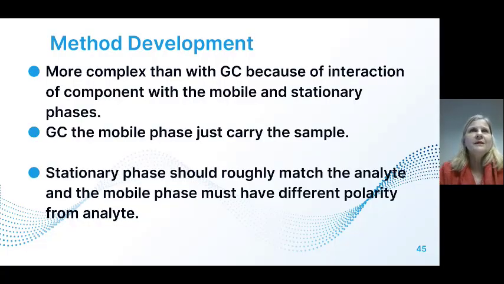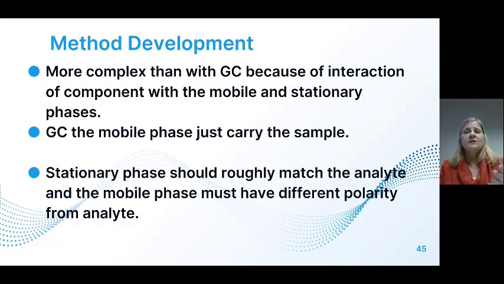Now, method development in LC is way more complex than with GC because of the interaction of your component with the mobile and the stationary phase. Remember, in GC, the interaction is basically your analyte with your stationary phase.